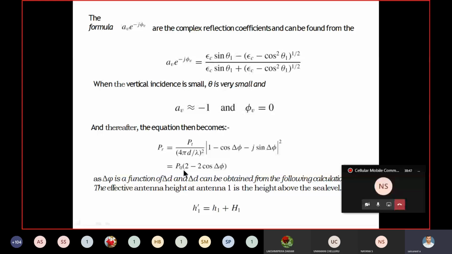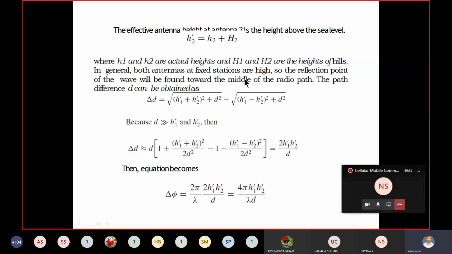To simplify delta d, the difference between the direct path and the reflected path, we consider the root of (h1 dash plus h2 dash) whole squared plus d squared, minus the root of (h1 dash minus h2 dash) whole squared plus d squared. Whenever d is much greater than h1 dash and h2 dash, finally we are going to simplify.